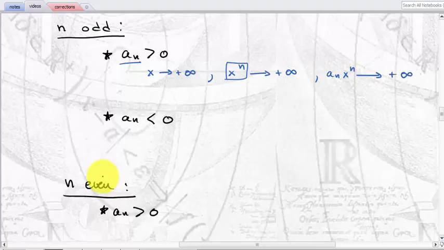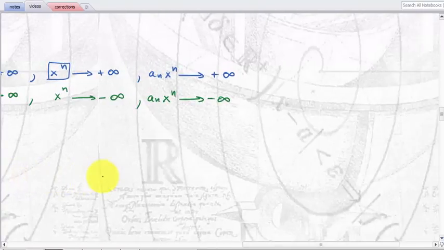Let's look at the second one now. If x approaches negative infinity, what happens if you raise a very large negative number to an odd power, cube, power 5, power 7? Well, it's still going to be negative infinity. And then if you multiply this very large negative number by a positive number, you're still going to negative infinity.